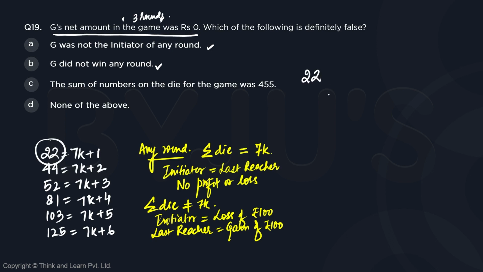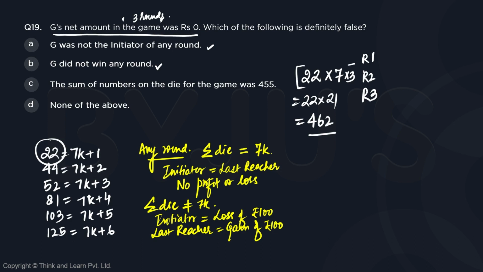Suppose if 22 was rolled 7 times in round 1, it was rolled in round 2 also and round 3. That means it was rolled 3 times. So this results in 22 into 21, which is going to be 440 plus 22, which is 462.